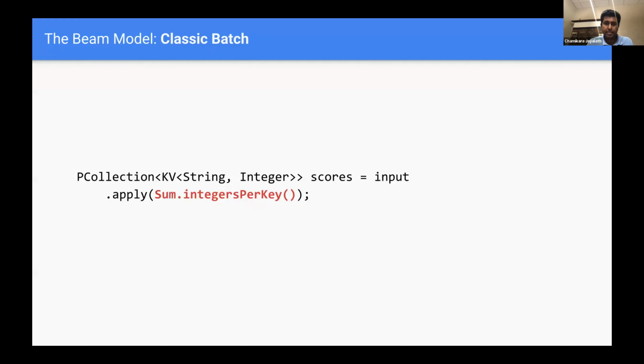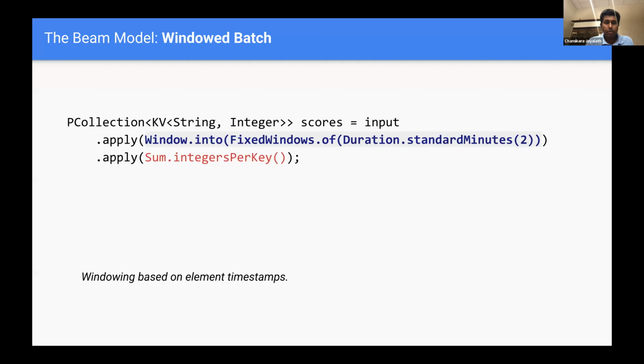In this case, I have a PCollection called input, and this input has a set of KVs where each key is a string and the value is an integer, and you apply this sum integers per key computation on your input PCollection, right? The result is another PCollection, another set of KVs, where the key is the string, but the value here would be the sum for each key. And this is applied on the whole data set.